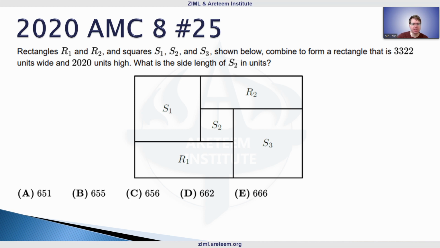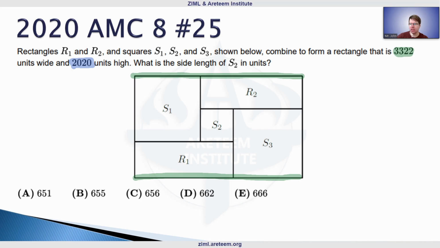So the question is, we have rectangles R1 and R2, squares S1, S2, S3, and they combine to form this big rectangle that we have. So in the end, we get 3,322 as the width of our rectangle, if you like. And then the length or the height of our rectangle here is 2020, right?